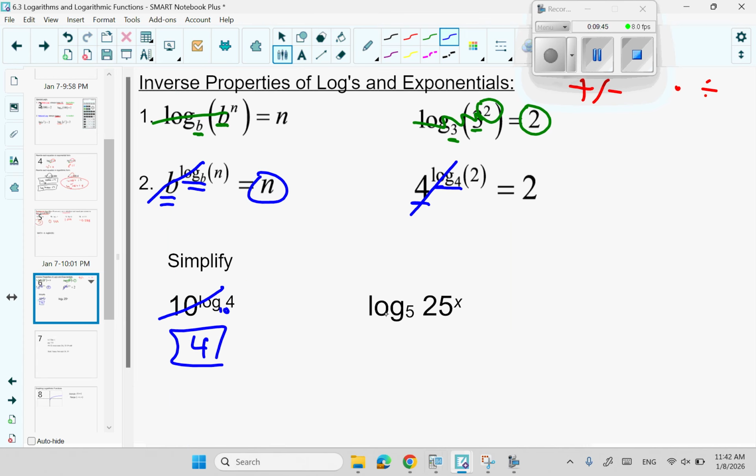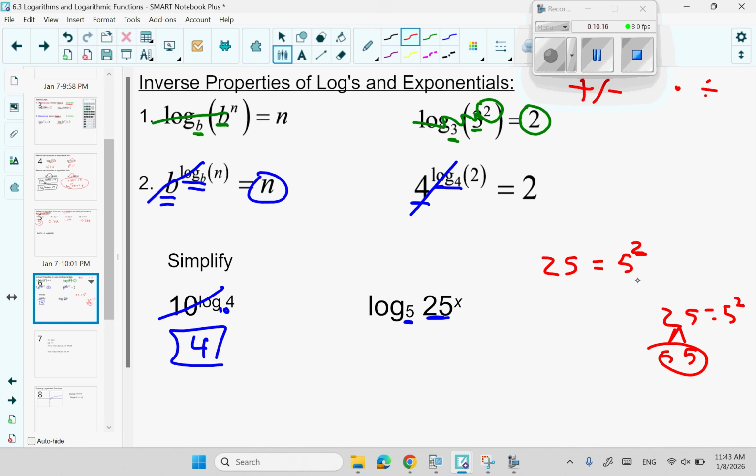This next one, I have log base 5 of 25. Well, those aren't the same numbers. So what we have to do is check 25. Can I write 25 as 5 with an exponent? Well, that's obviously true, right? Because if I break down 25 as 2 5s, that's really just 5 squared. So I know that 5 squared is the same thing as 25.